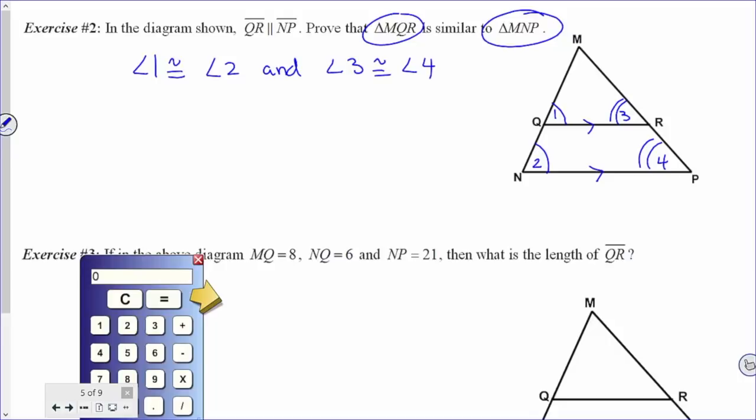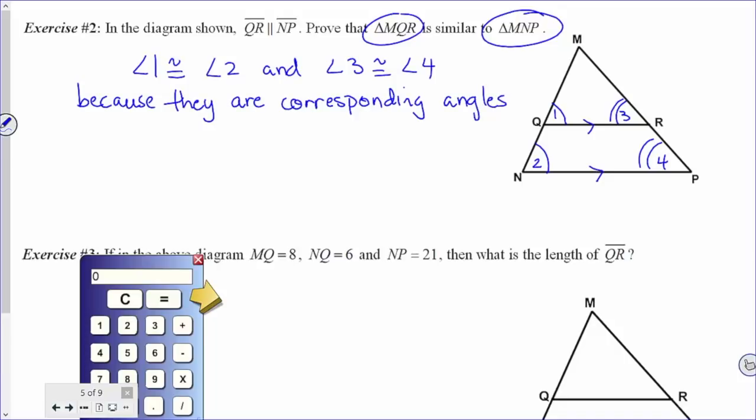Well, I could say that because they are corresponding angles created by parallel lines.